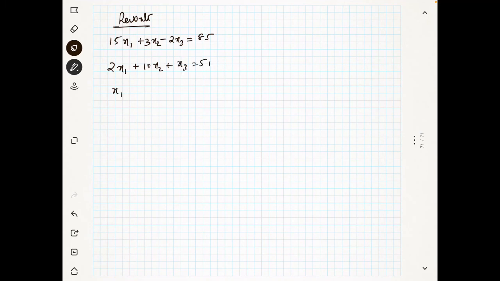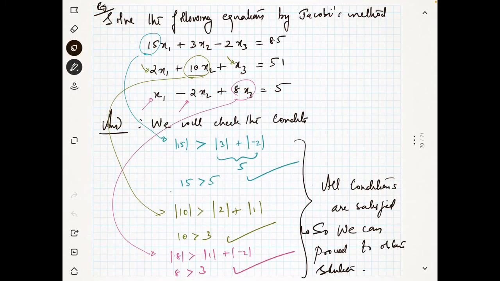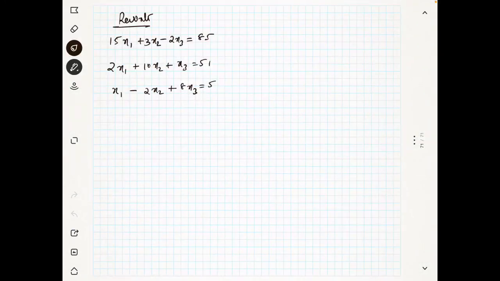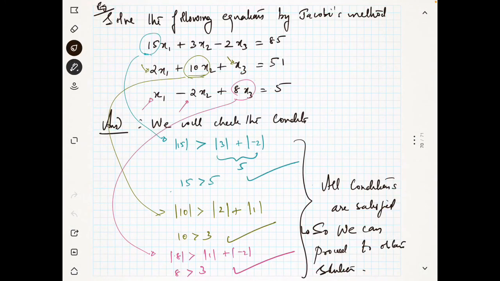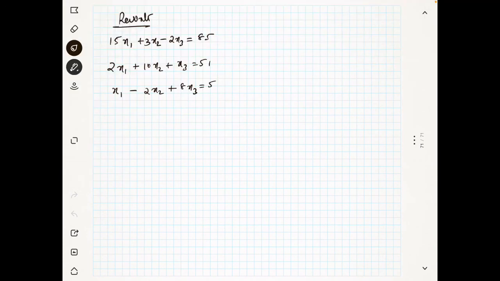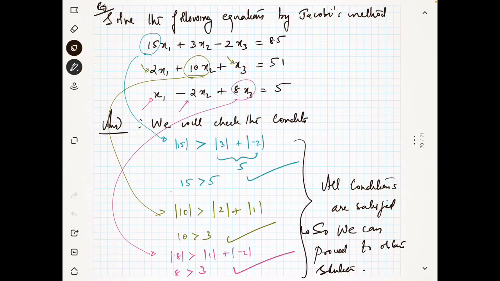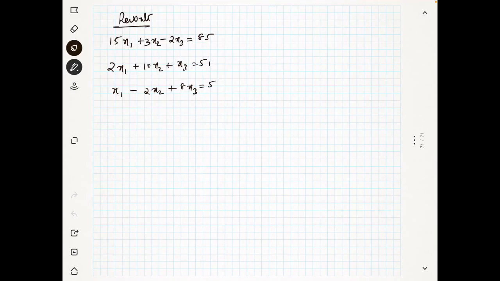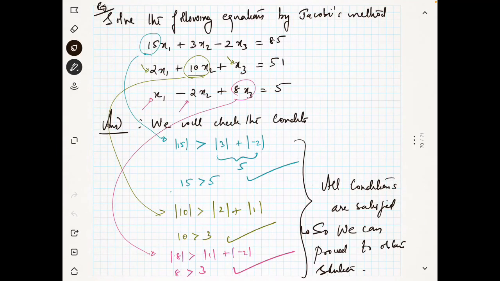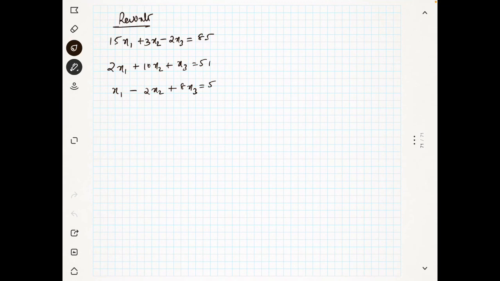Then x1 minus 2x2 plus 8x3 is equal to 5. Let me check again. Okay, 15, 3, minus 2; 2, 10, 1; then 1, minus 2, 8; and 85, 51, 5. Okay, this is my equation.